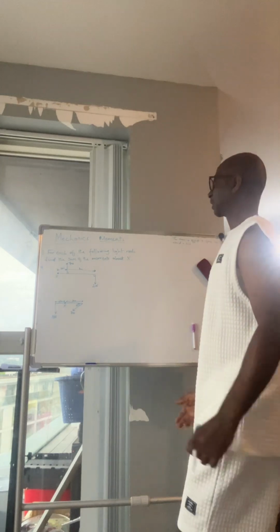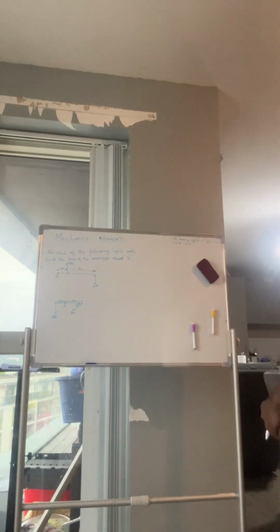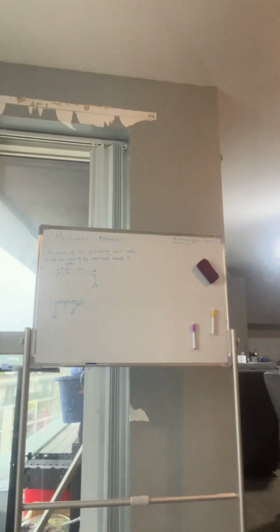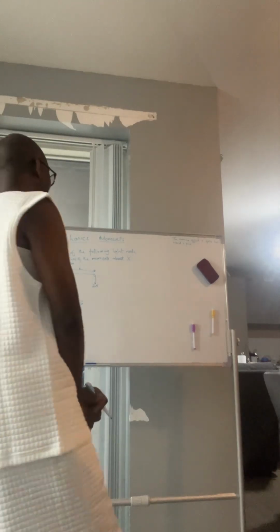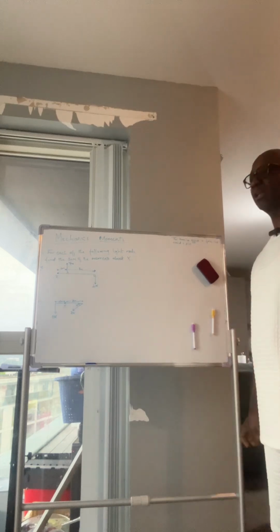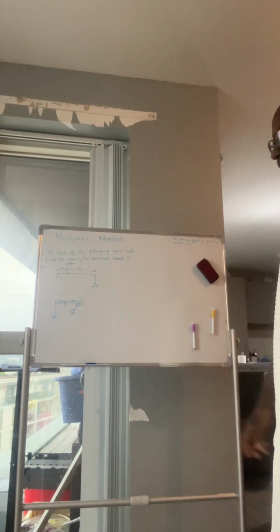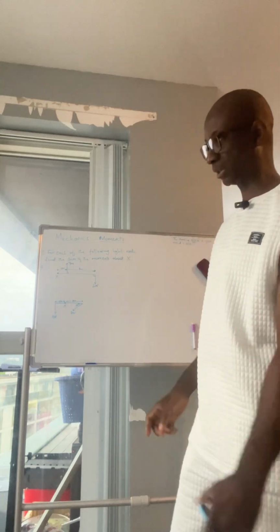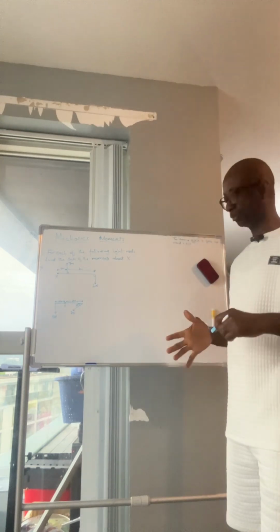So what is the rule of sum of moments about a point? The rule is that the sum of the moments about a point is equal to the sum of the clockwise moments about that point plus the sum of the anti-clockwise moments about that point.